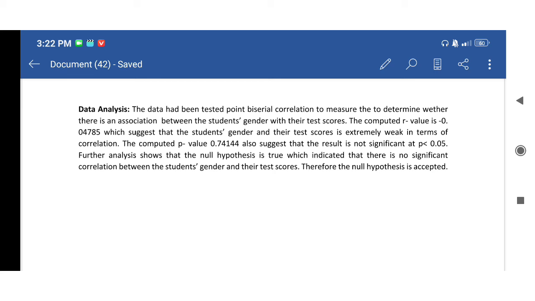The computed p-value of 0.74144 also suggests that the result is not significant at p is less than 0.05. Further analysis shows that the null hypothesis is true, which indicates that there is no significant correlation between the student's gender and their test scores. Therefore, the null hypothesis is accepted.